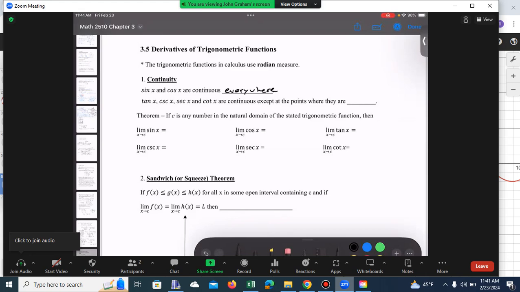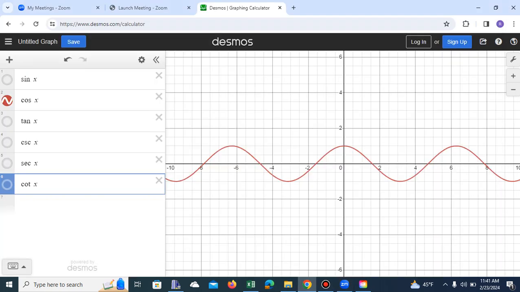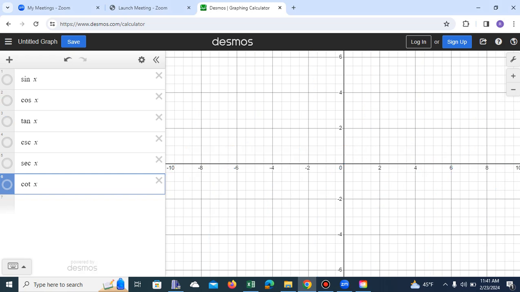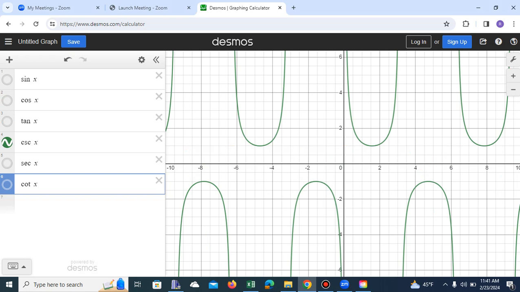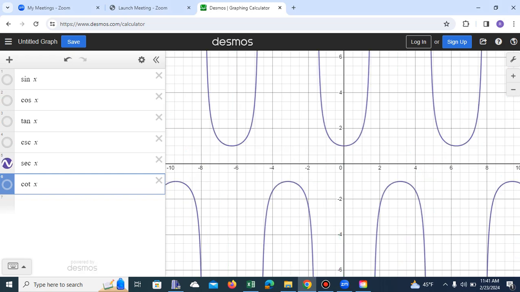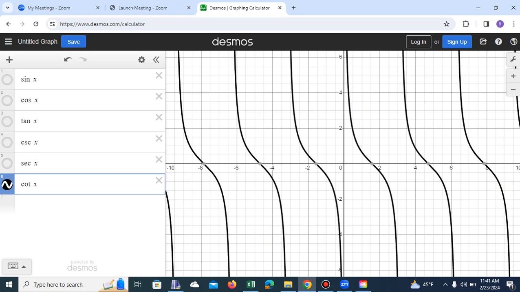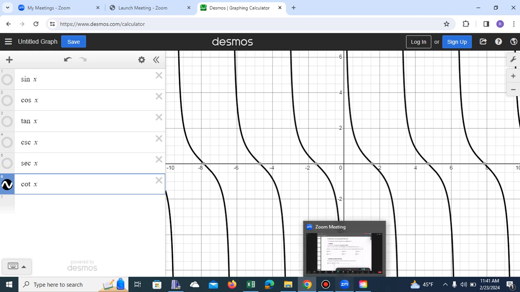Now, tangent, secant, cosecant, cotangent, well, those functions have certain places where they are undefined. They're continuous everywhere where they're not undefined. So that's tangent, this is cosecant, secant, then cotangent. Okay, so they're all continuous everywhere except for where they are undefined.